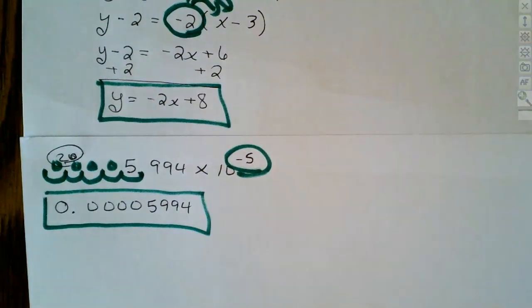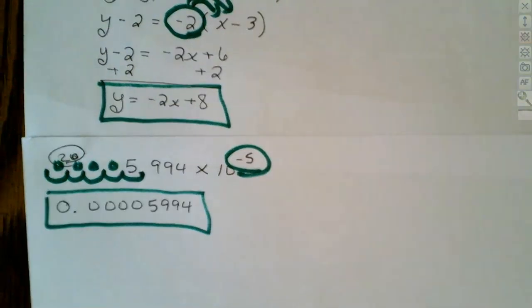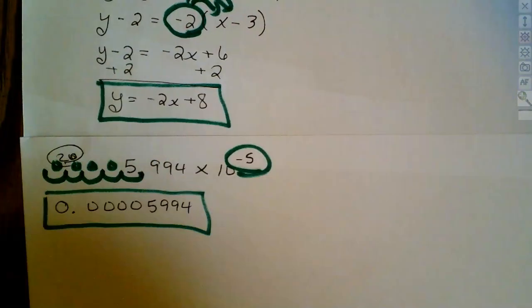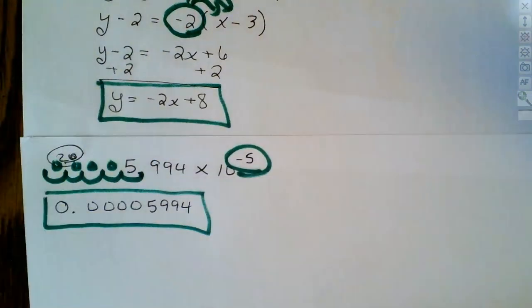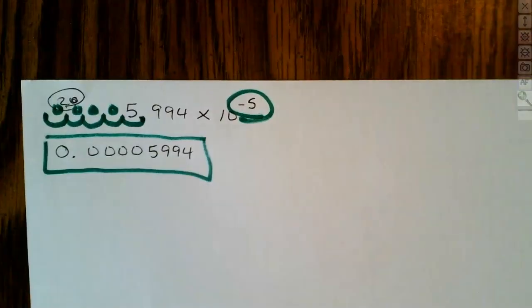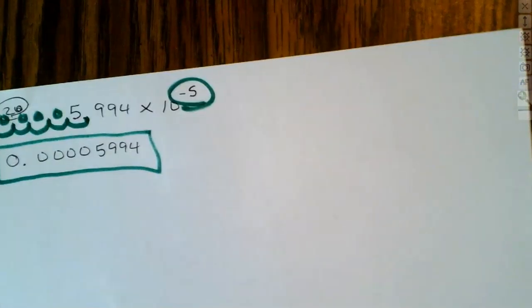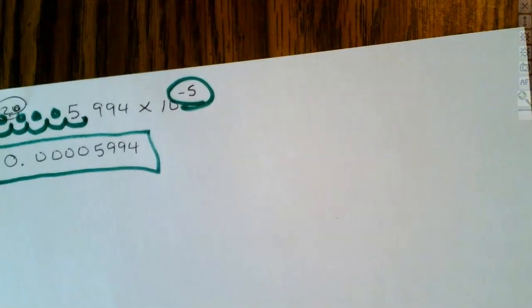Question 21. Question 21 is classifying polynomials. So I'm going to give you some polynomials, or a polynomial. And this is a 21 and 22. We're classifying them. So let's remember how we classify them.